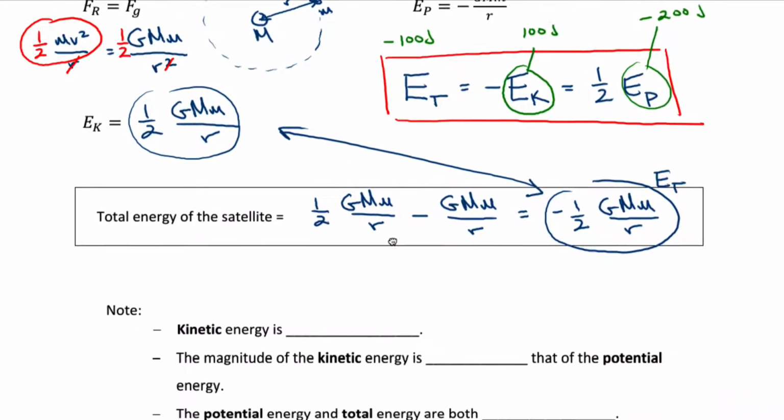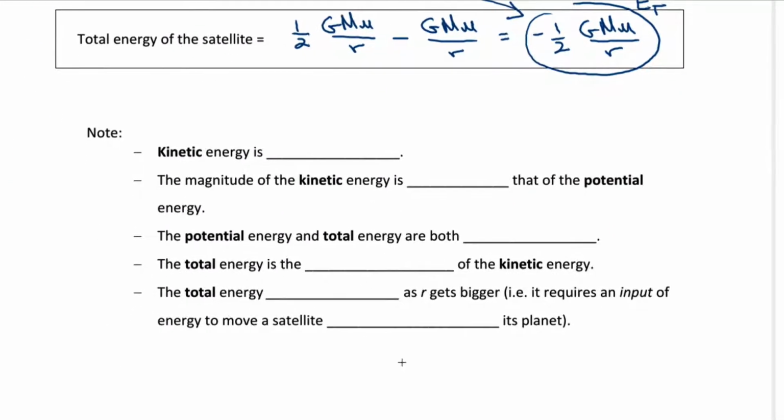So let's just jot down some of those observations. I'm just going to rewrite the relationship from above so that we have it on screen again. The total energy is equal to the negative of the kinetic energy, which is equal to 1/2 of the potential energy. So first, as we said, the kinetic energy is always positive, and that's the case here. And the magnitude of the kinetic energy is 1/2 that of the potential energy, as we saw above in the example with 100 joules and negative 200 joules.